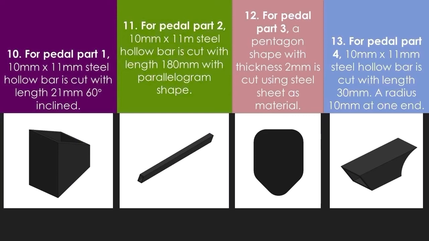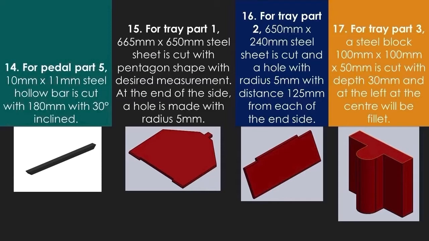For pedal part 3, a pentagon shape with thickness 2mm is cut using steel sheet as the material. For pedal part 4, 10 x 11mm steel hollow bar is cut with a length 30mm, a radius 10mm at the other end. For pedal part 5, 10 x 11mm steel hollow bar is cut with 180mm with 30° incline.